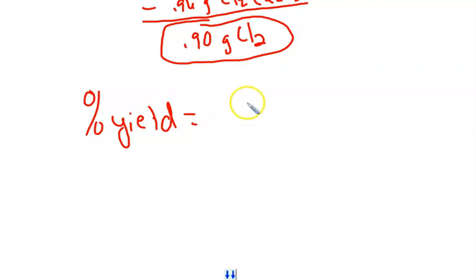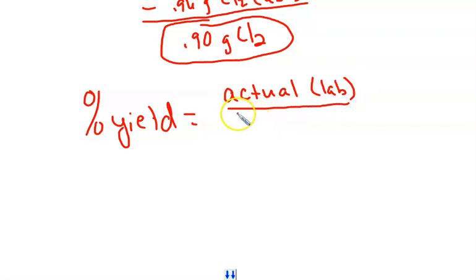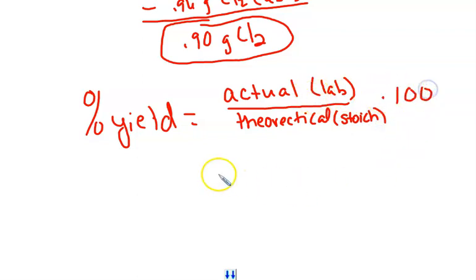So percent yield is when you actually do the experiment. So we say actual, which is your lab situation, divided by the theoretical, and that is what stoichiometry says should be being made. And then to make it a percent, you multiply by 100.